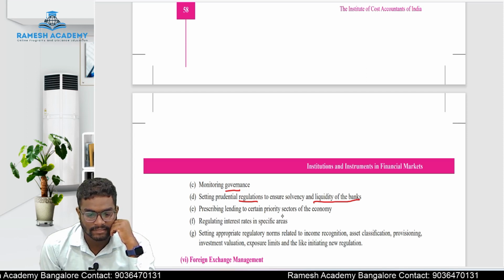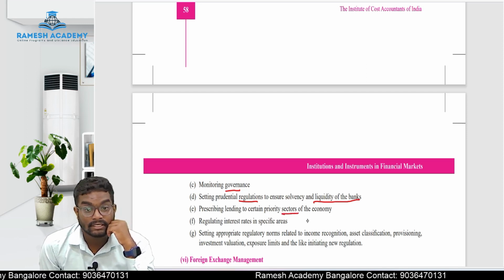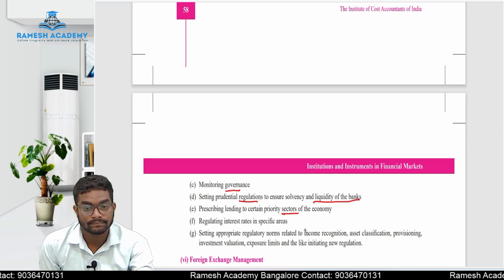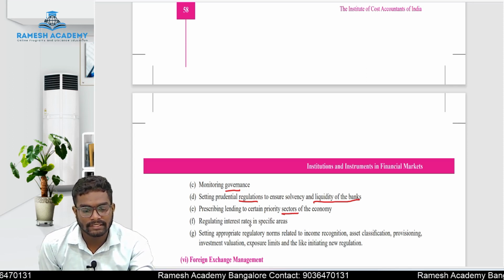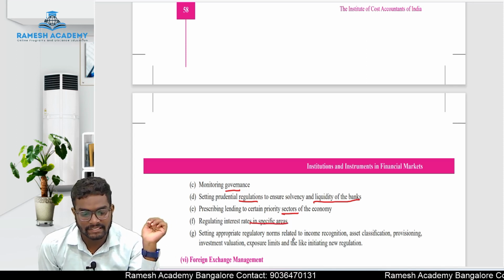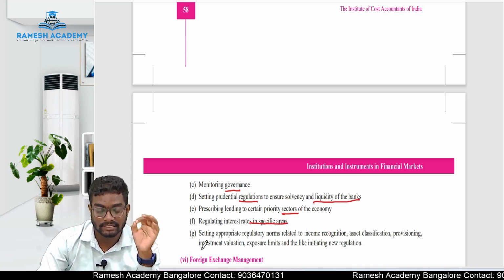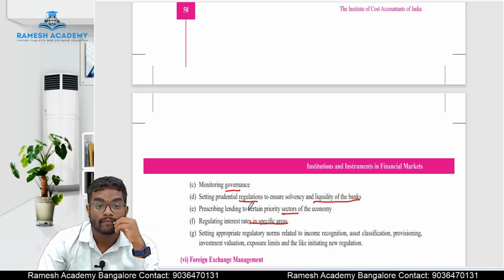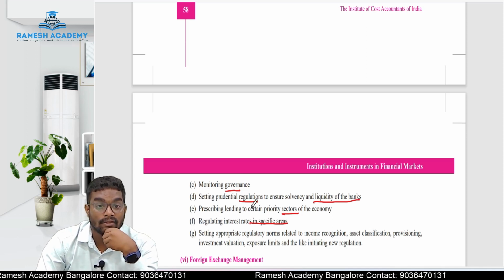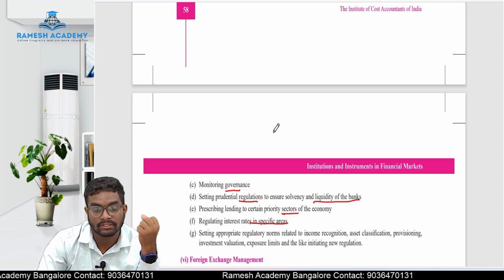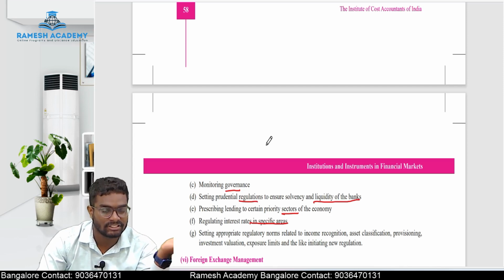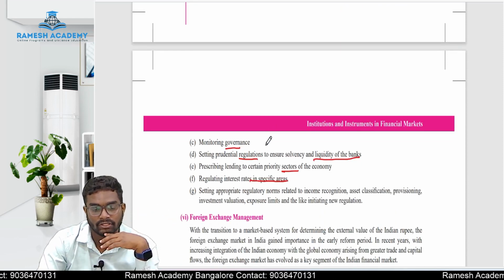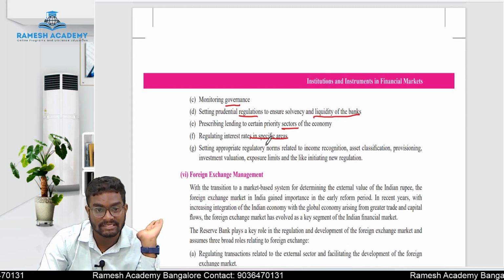Prescribing lending to priority sectors. So RBI will tell which sectors of the economy or which parties should be given loans. Next, regulating interest rates in specific areas. So if you go for agriculture, the interest rate will be slightly less, because the farmer who avails the loan cannot pay the interest rate a business pays, and sometimes there will be a waiver of interest by the governments for the farmers, or sometimes a waiver of the principal itself.